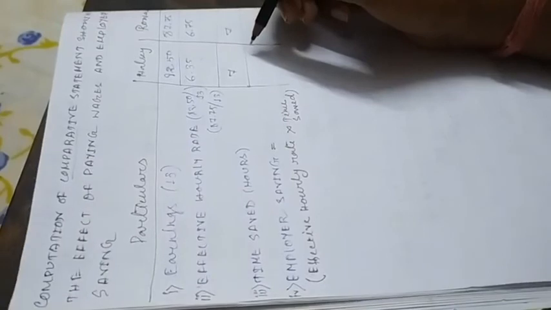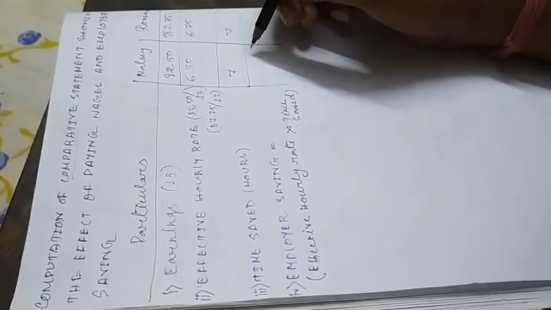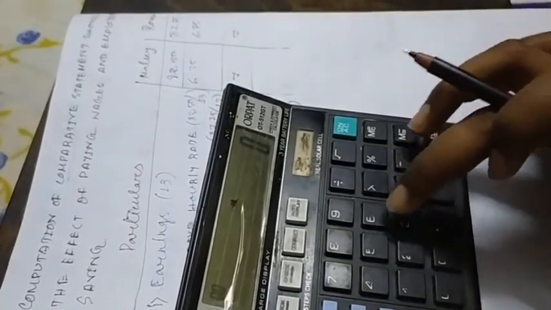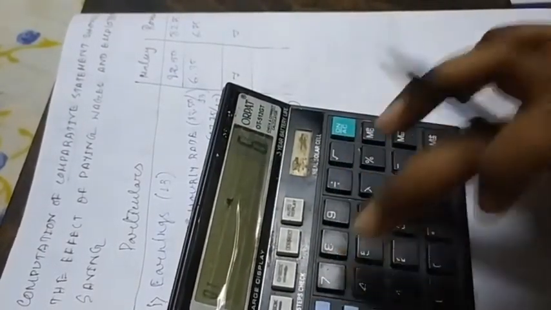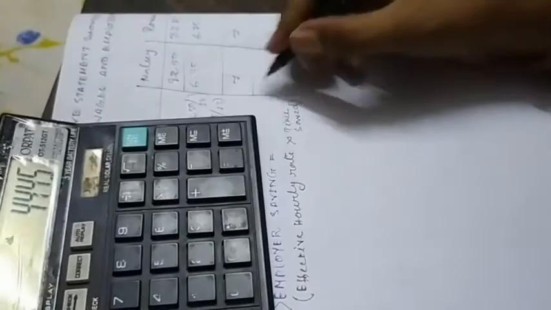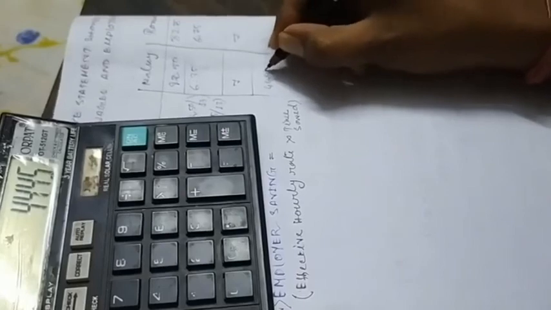So in Halsey scheme, 6.35 multiplied by 7 is 44.45.